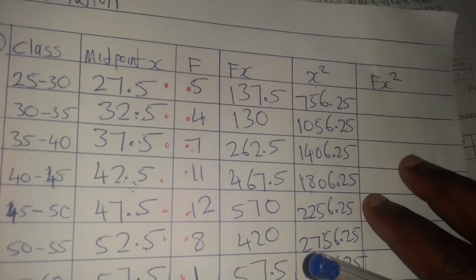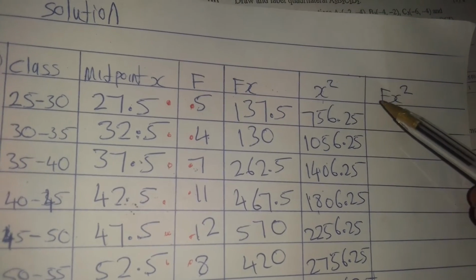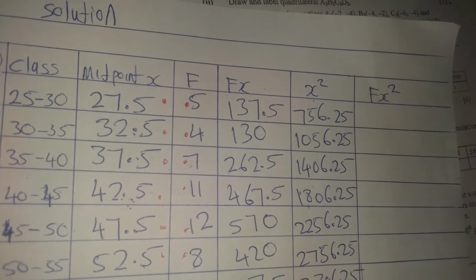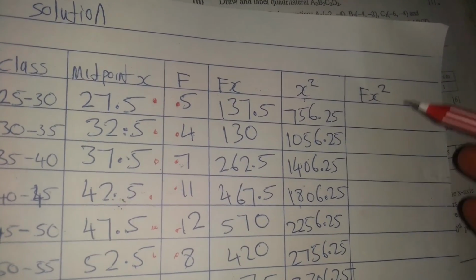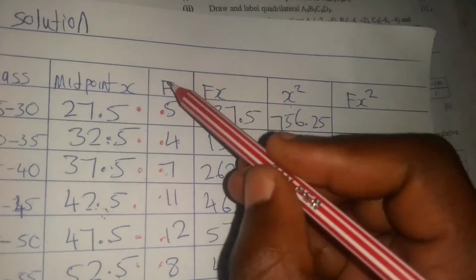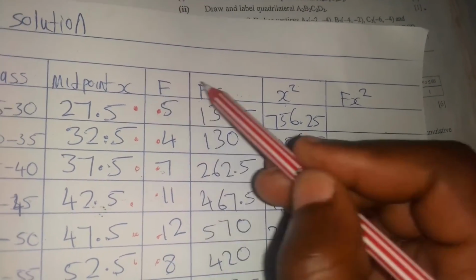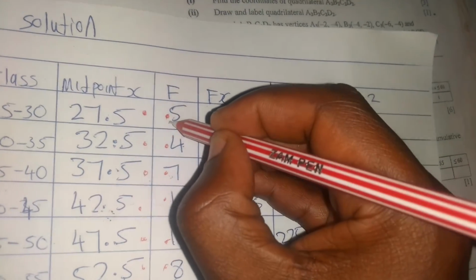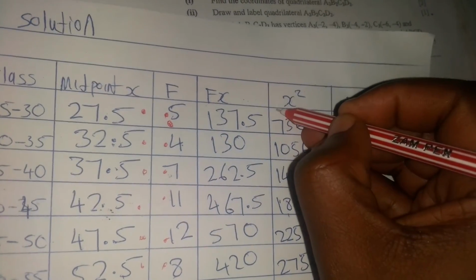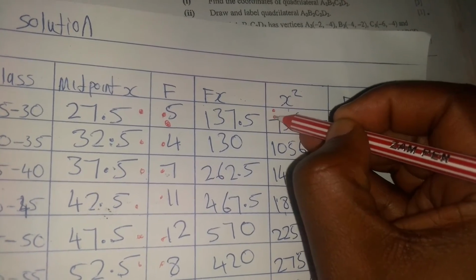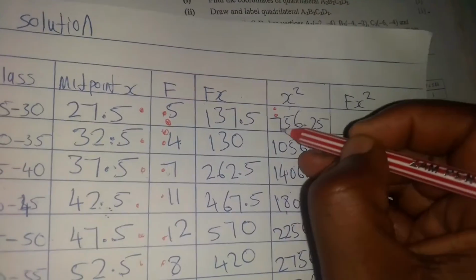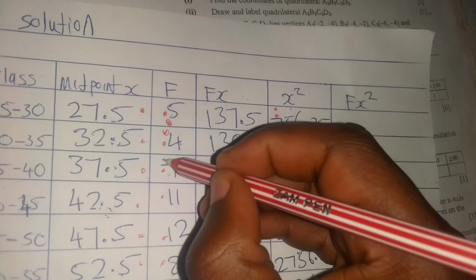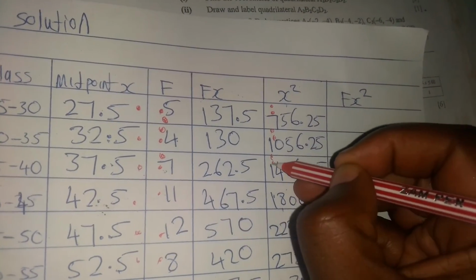Now the next thing, they are saying fx squared. So here they are saying you get f, you multiply with x squared. So I'll put two dots here, and here times these two dots. Here two dots times two dots, two dots times two dots.